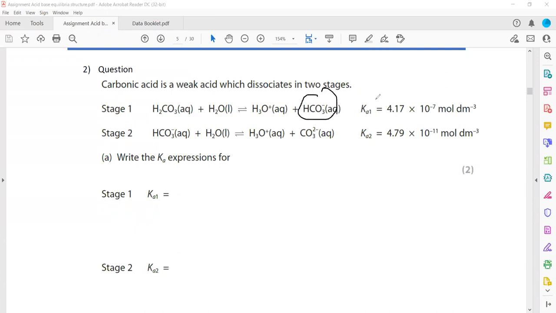When we have HCO3, the one with a smaller value of Ka will have a higher pKa, because they are inversely proportional to each other. So pKa is equal to minus log of Ka. The one with a higher Ka will have a smaller pKa, and the one with a smaller Ka will have a higher pKa.